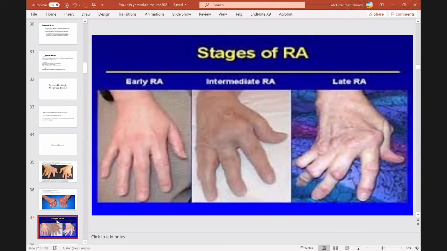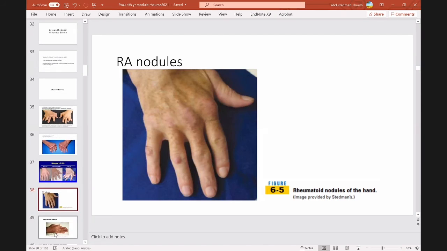You can see here the early inflammatory process, intermediate, starting of the deformity to happen, and now late rheumatoid arthritis. As you can see here, the fixed deformity has already happened, which is the late stage of the disease. Nodules, you already saw. Again, nodules.